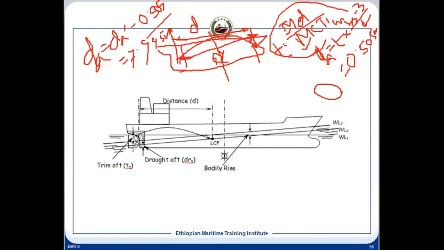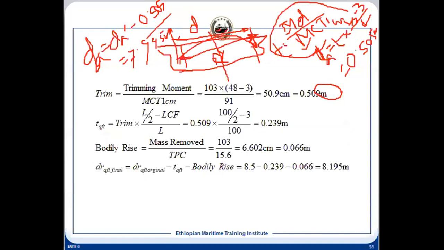In this case, because we know the trimming moment, we can find out the trim and then we can find out the aft trim, because it is the same formula we'll be using. So once we have that, it means 0.509 is the trim. So we can calculate this. This is the aft trim.